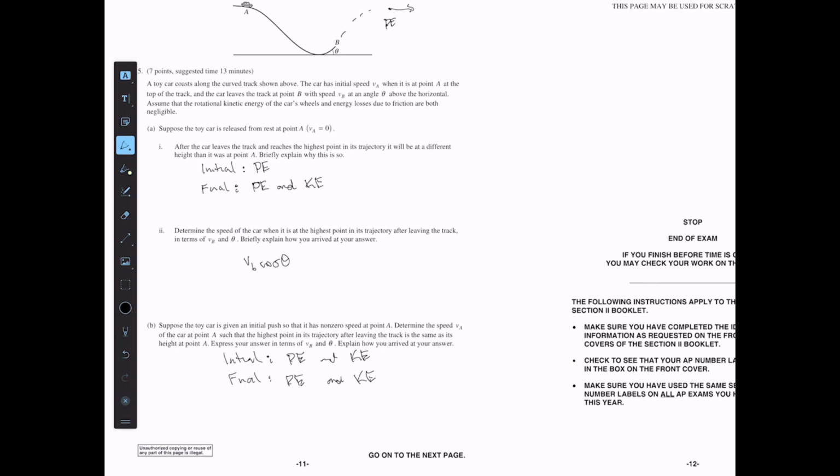So we want the potential energies to be the same. So that means the kinetic energies have to be the same. The speed at the final position is vB cosine theta. So that means the speed initially should be vB cosine theta as well. Okay.